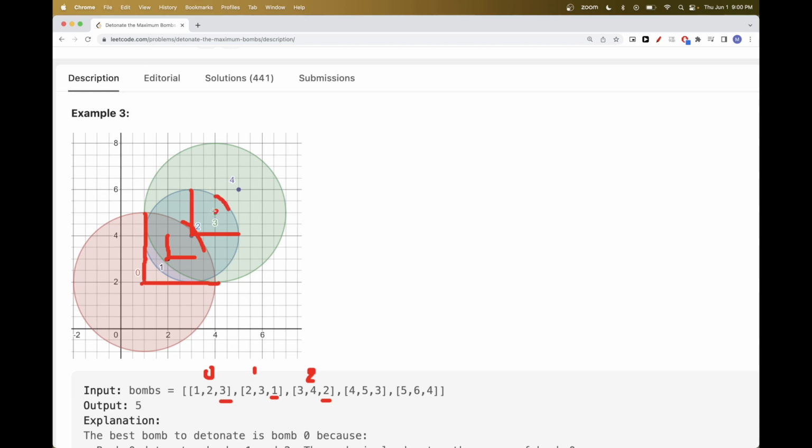And since we detonate circle 3, which has the radius of 3, so that means 1, 2, 3, that means it will detonate this circle 4, right? And so now how many do we have? Well, we actually detonated all of them, which is 5 circles.